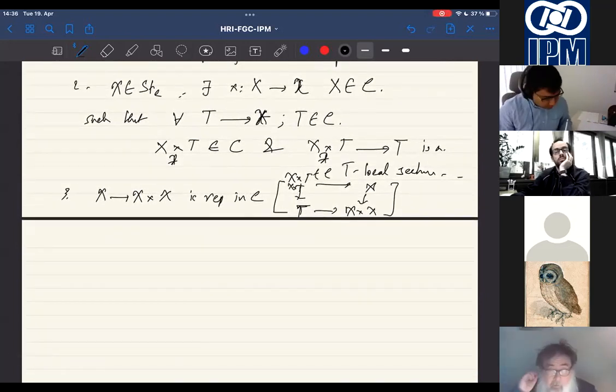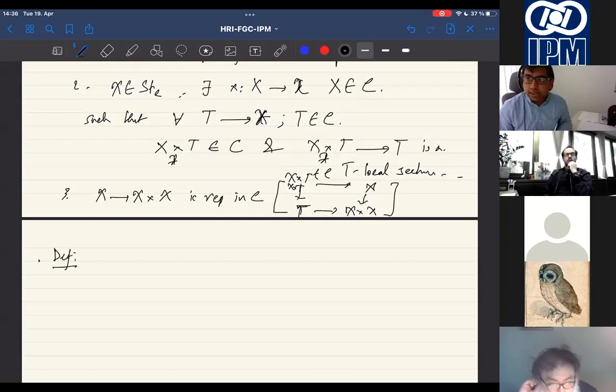In a similar way, we can define what a morphism admitting τ local sections in STC is.